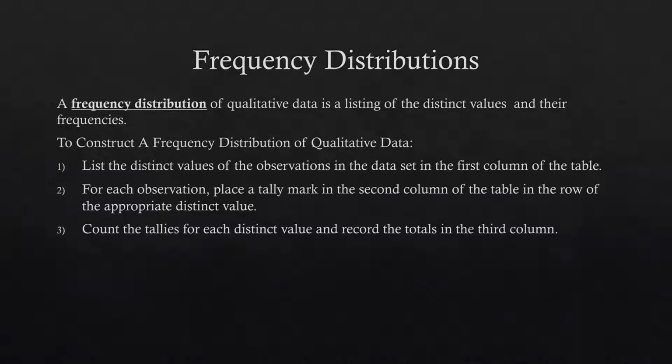Distributions. All right. So a frequency distribution is a listing of distinct values and their frequencies. In other words, when I say frequency, I'm not talking about a radio frequency.